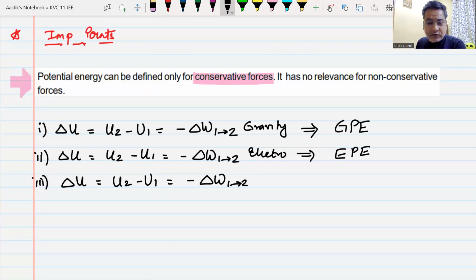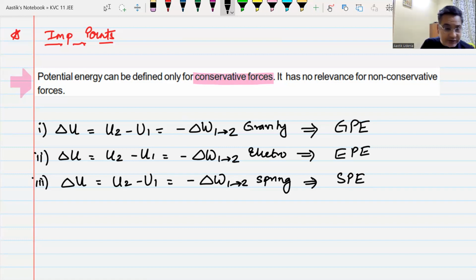But now it would not be gravitation or electrostatic, it would be spring potential energy. So these are the three types of potential energies that we are going to encounter: gravitational potential energy, electrostatic potential energy, spring potential energy.